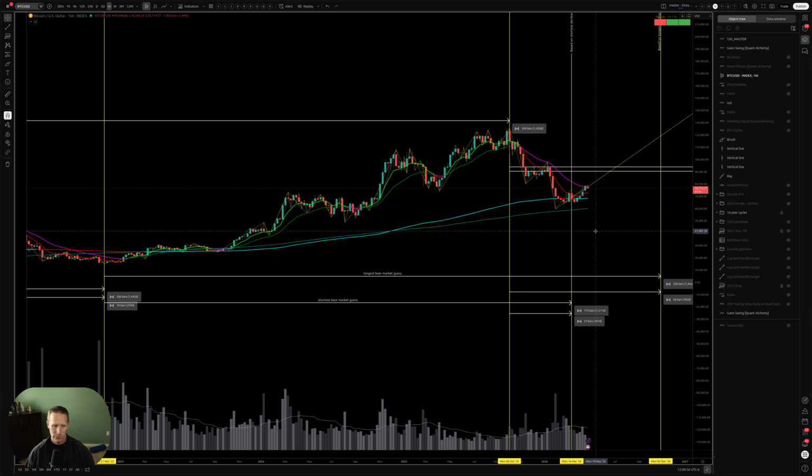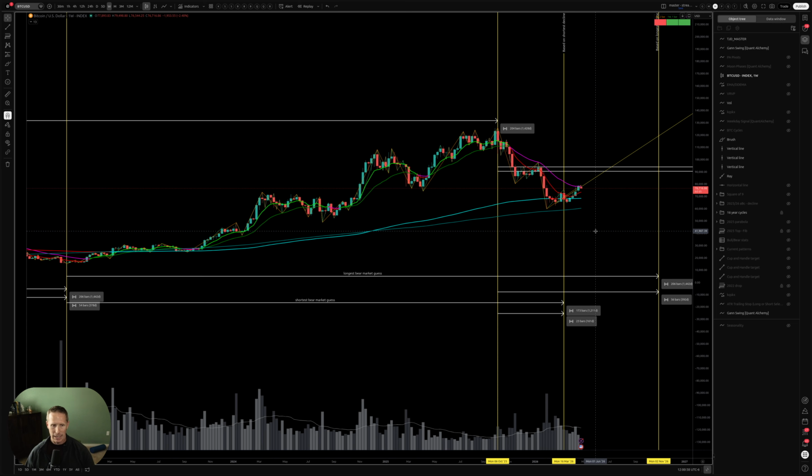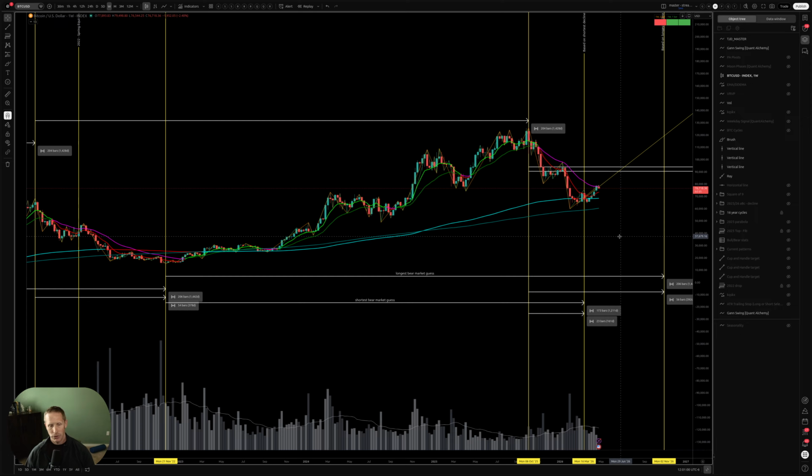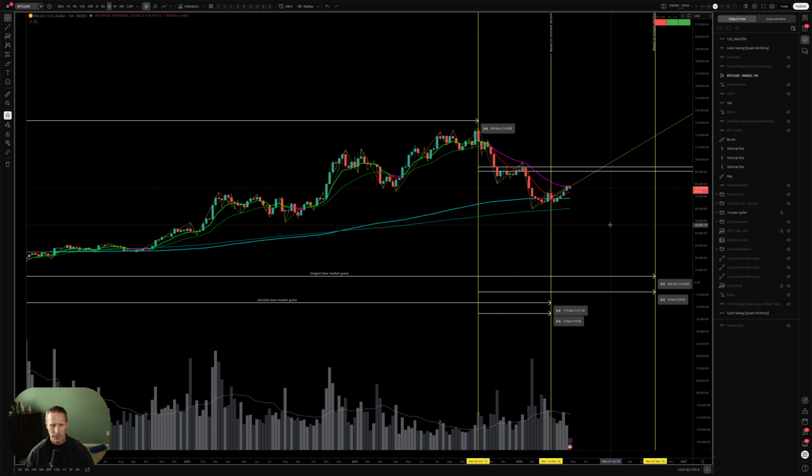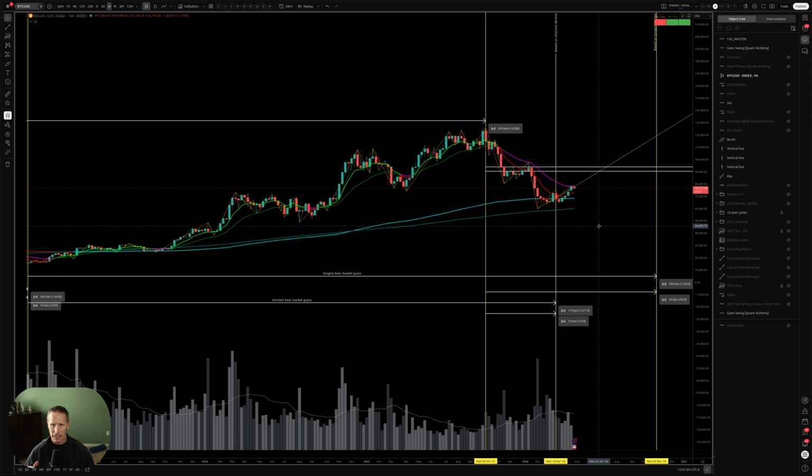I'm not calling for a bull run just yet. I'm just saying it is possible that could be the case, and it wouldn't be completely out of the realm of what we've seen from the statistics in the past. So we're within that window now, and we really didn't start, even though we went up and kind of down. If you're looking at closures here, it was really pretty much flat, and these closures were low.